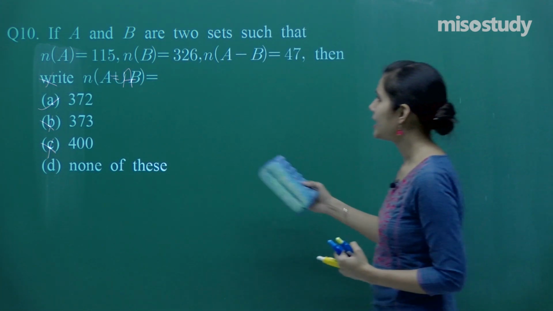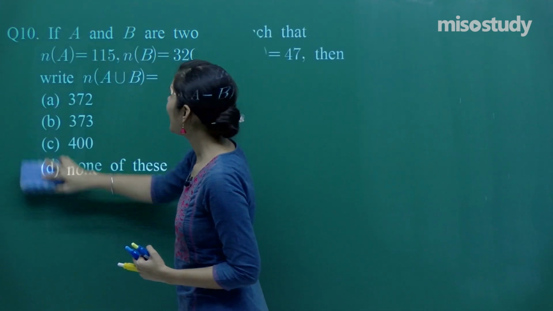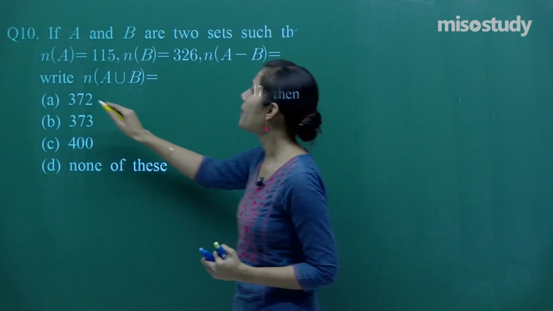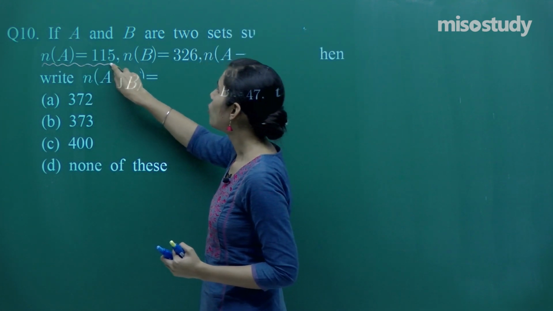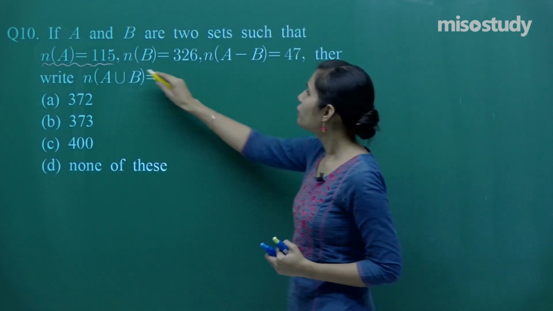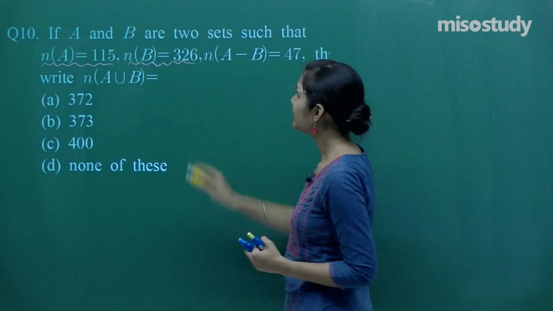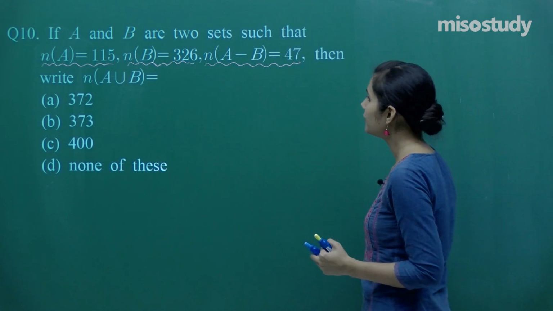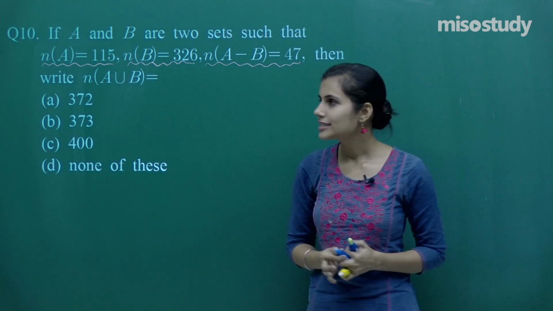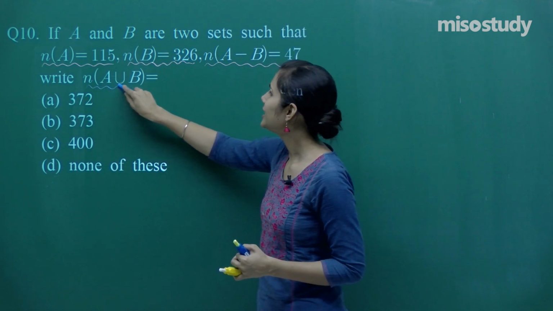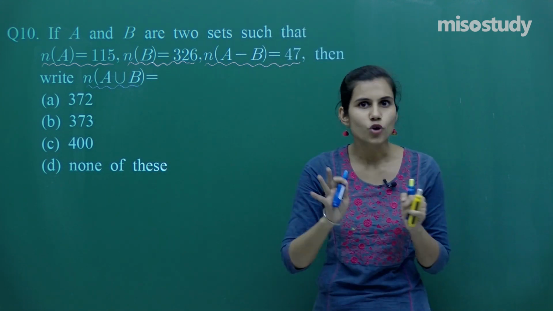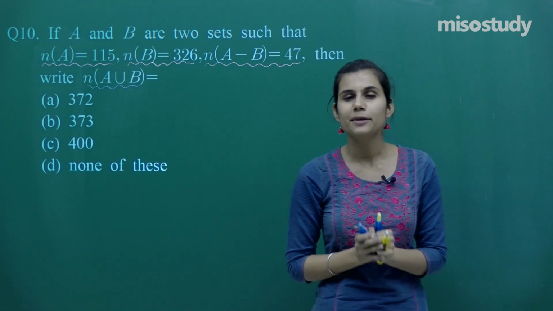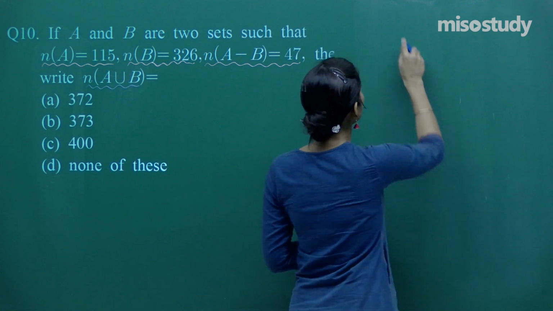The question says that if you have A and B as two distinct sets such that the number of members in set A is 115, the number of members in set B is 326, the number of members in A minus B is 47, and the question asks us to find the number of members in A union B. So much information is given to us. Let us write it all down together and then proceed with the solving part.